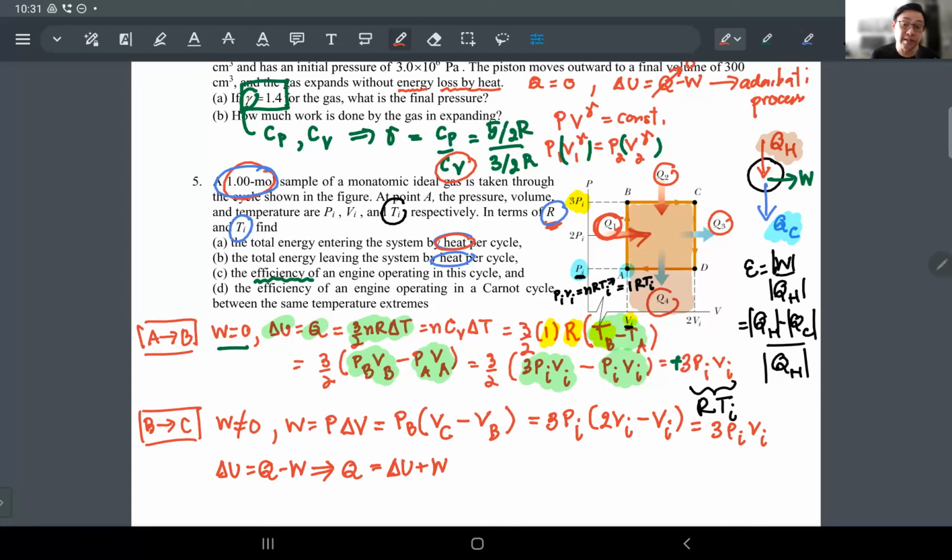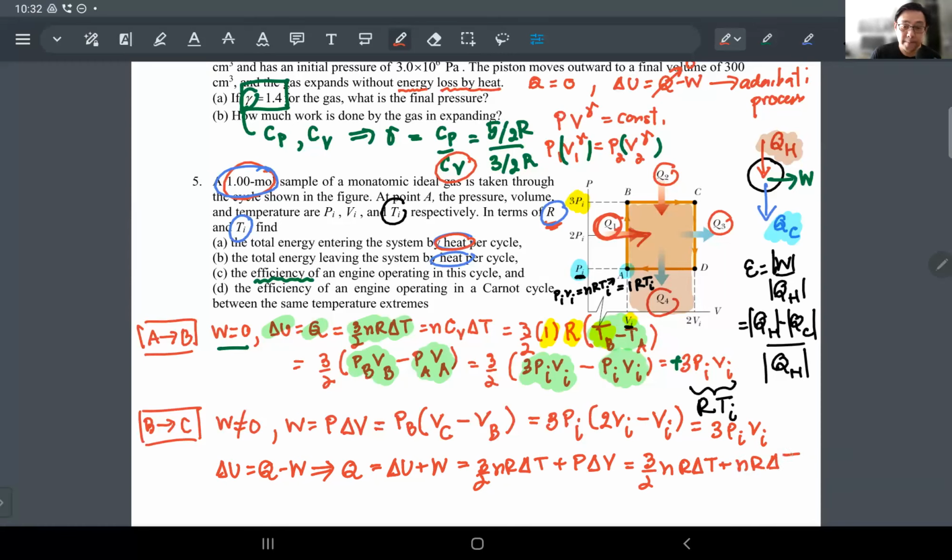For those of you who are already familiar with this, you can jump right into the heat calculation, the Q, directly by saying that I know delta U is always 3/2 nR delta T. The W, if you didn't want to calculate the value of P delta V, you can use the equation of state to turn that P delta V into nR delta T.